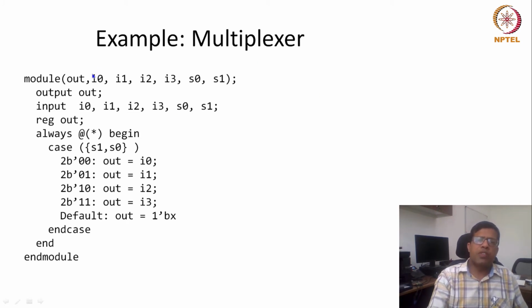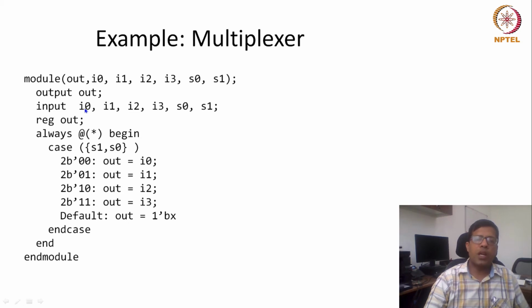My module definition would be similar to any data flow model or structural model. I'll specify what my output is and what my inputs are. Then I specify my ports: out is an output port, and I0, I1, I2, I3, S0 and S1 are the select inputs. All of these are inputs.